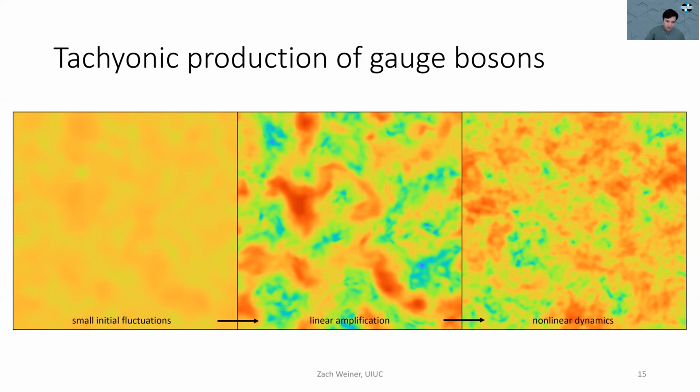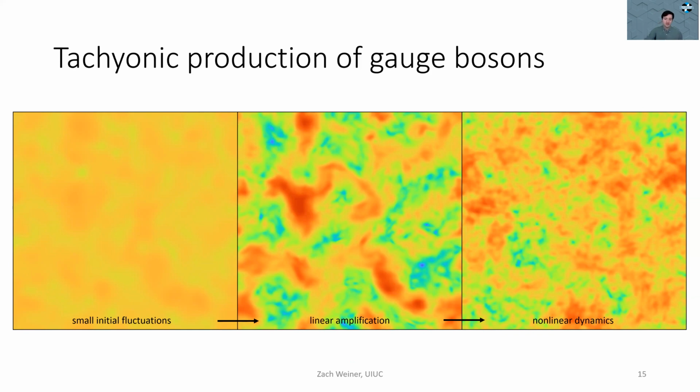And so you can see where the darker spots in the initial conditions are the spots that are the dark red after the phase of linear amplification. But these fluctuations become so large that nonlinear interactions become really important and propagate power to smaller scales.